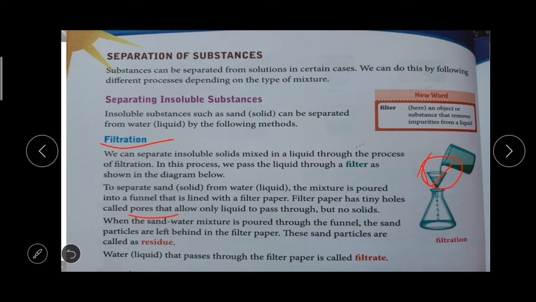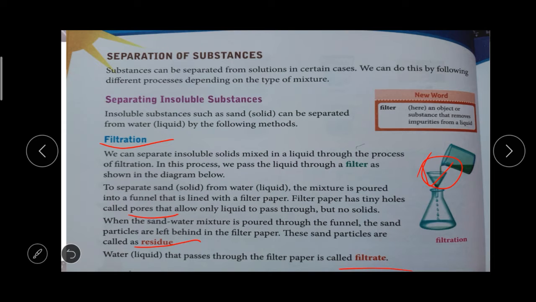When the sand mixture is poured through the funnel, the sand particles are left above the filter paper. These sand particles are called residue. The water that passes through the filter paper is called filtrate. So we are separating the sand from the water.